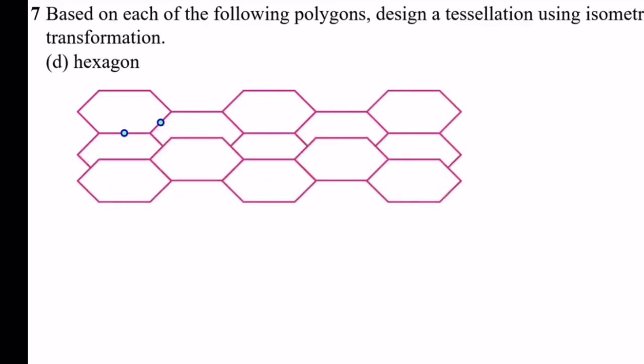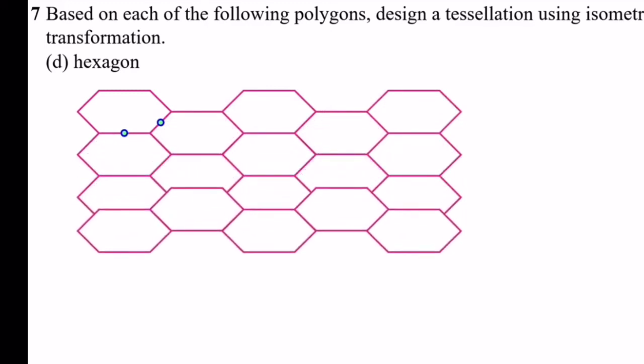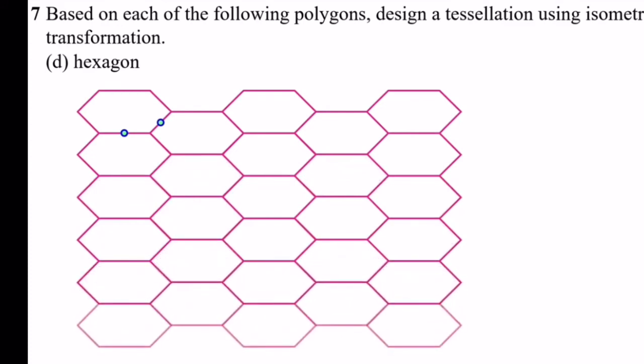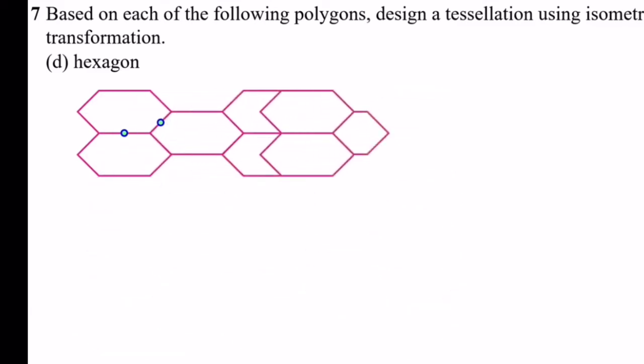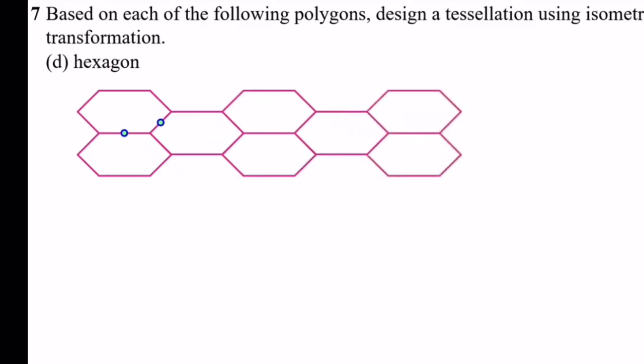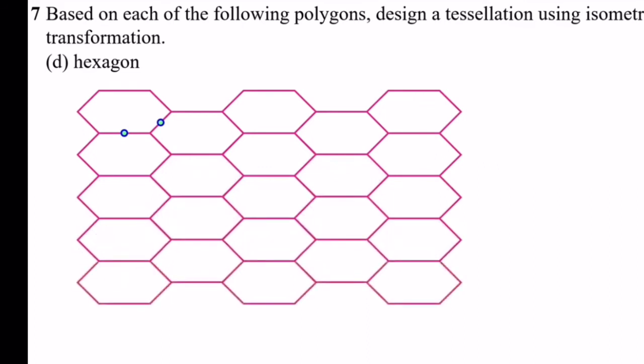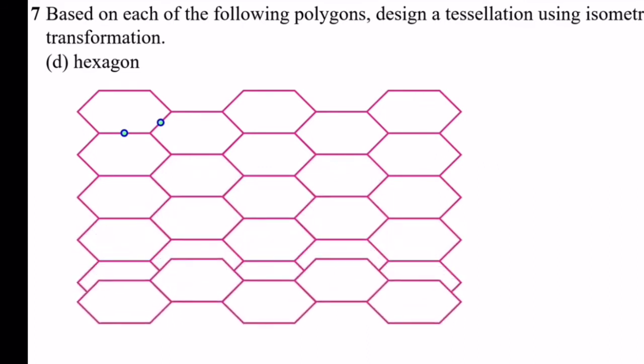Maybe we can say that we translate, or we can do reflection if we want. Okay, that is the design for the tessellation by using either one. We have either reflection, rotation, or translation. All right, so that is question number 7 about tessellation.